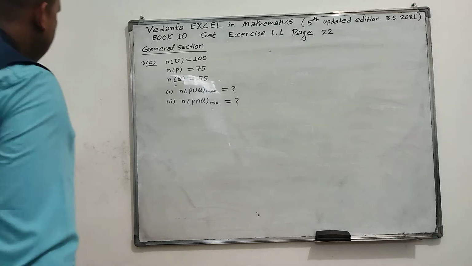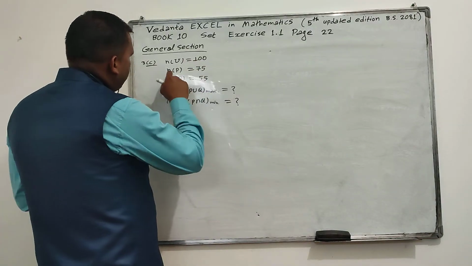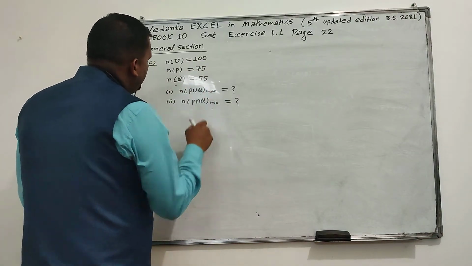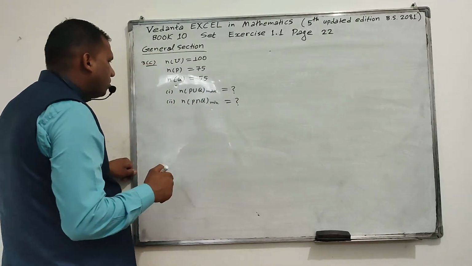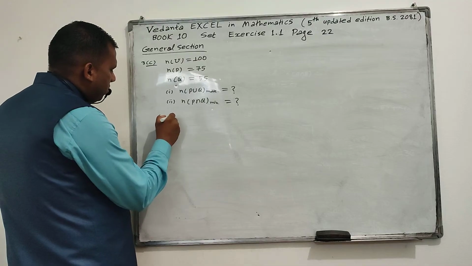Now 3C, number of U is 100, number of P is 75, number of Q is 55. Find the maximum value of number of P union Q. Now your solution.